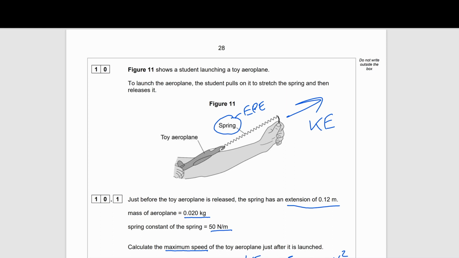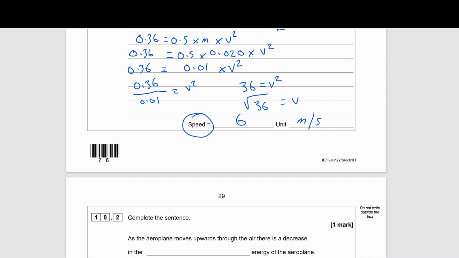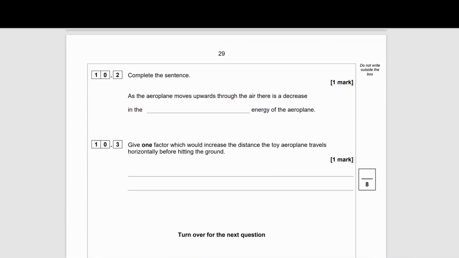Well, as our aeroplane moves, what will be happening? Really, as it goes through the air, there will be a force applied to the aeroplane. And that force will be air resistance.